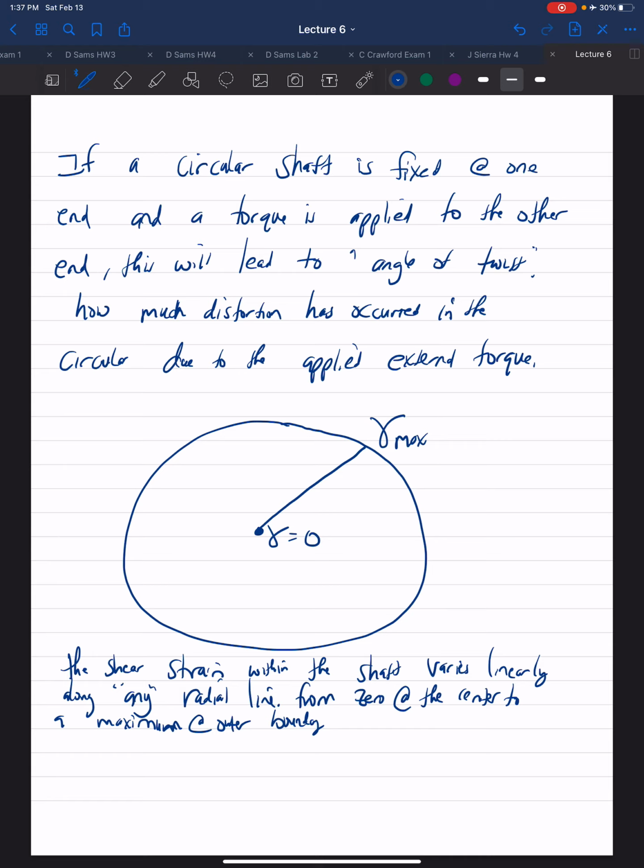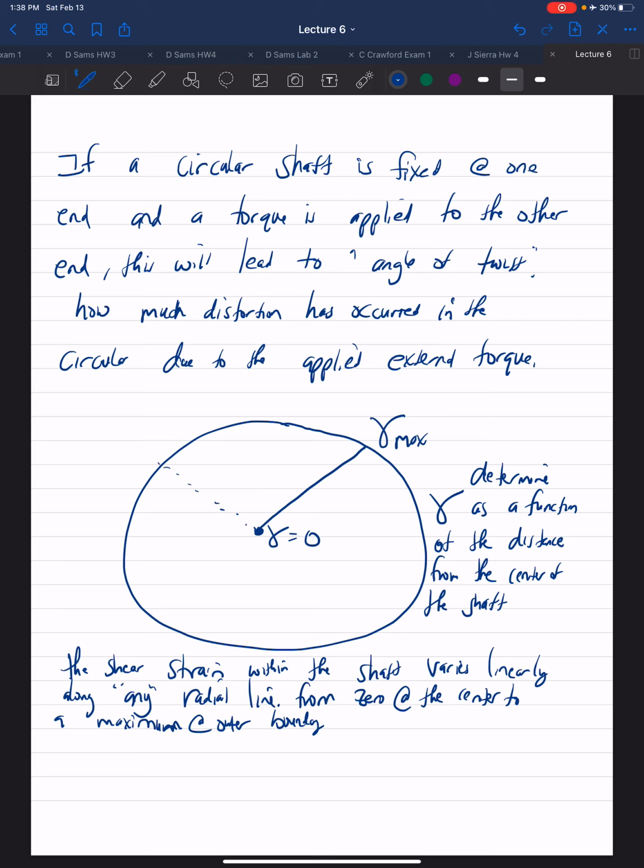So then, as it varies along its length, we can determine your shear strain as a function of the distance from the center of the circular shaft. So we'll define a term.